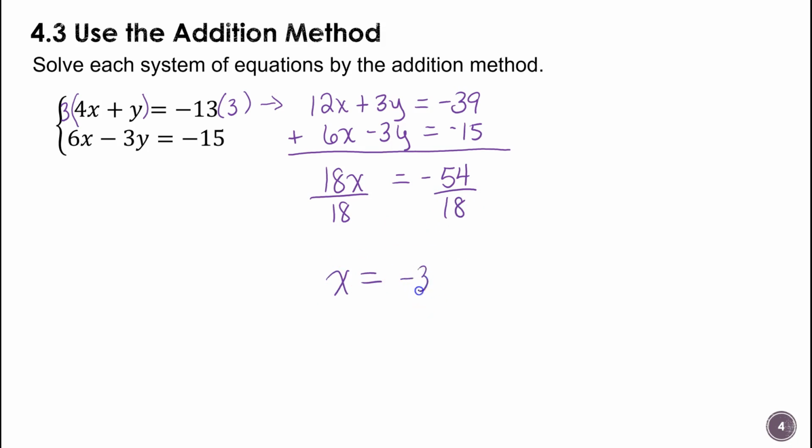Pick an equation to substitute back into, so I'll just take the first equation, 4x plus y equals negative 13. And so it's 4 times negative 3 plus y equals negative 13.